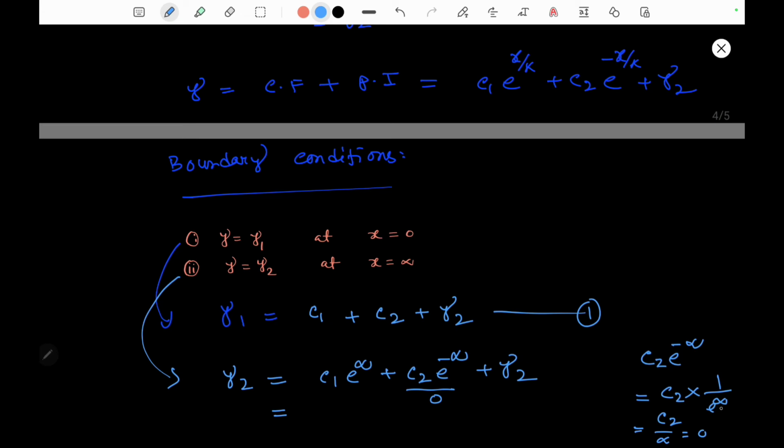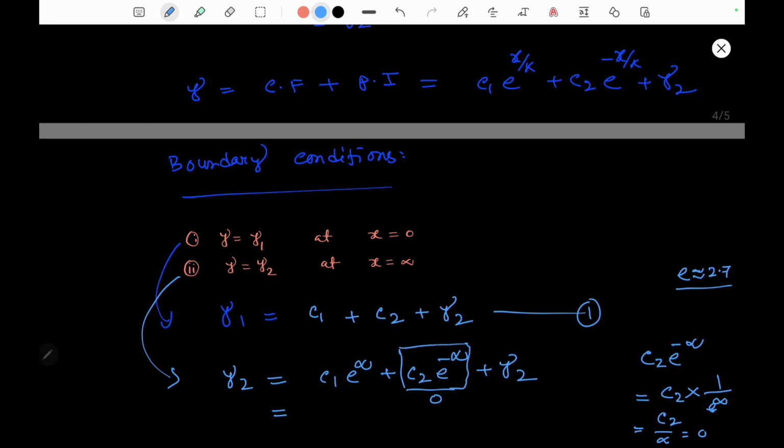So here e to the power infinite is infinite. Hope you know that, because the value of e is approximately 2.7, and if we write infinite in the power, then it will obviously be infinite. So then the result will be c2 by infinite, which is 0.